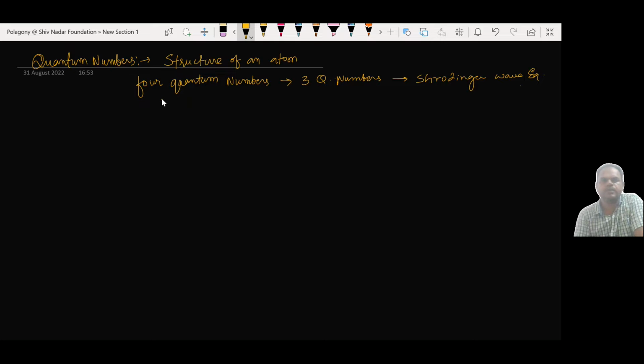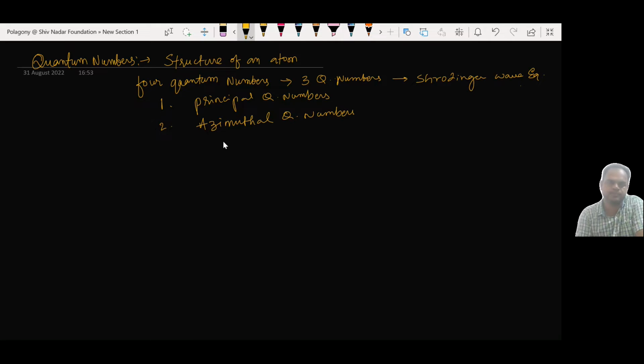So what are these four quantum numbers? One is the principal quantum number. Number two, the azimuthal quantum number.